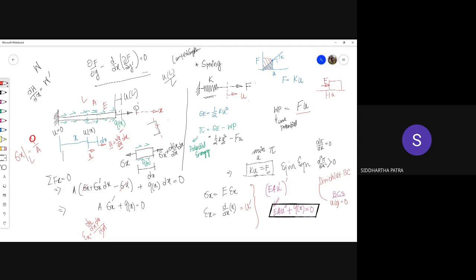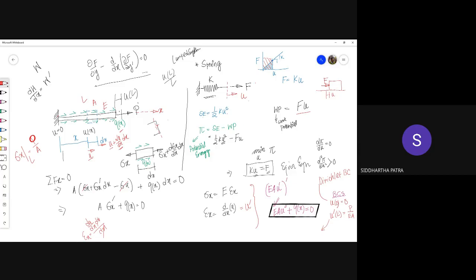Okay, which means u prime at L is P by EA. So the second boundary condition on the right hand side is on the normal derivative.